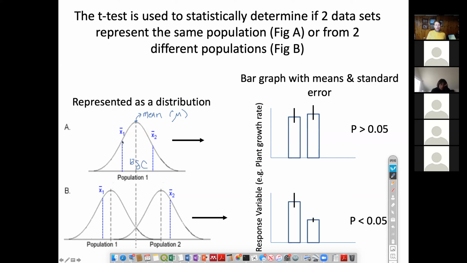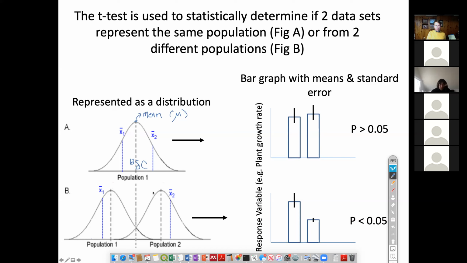So what we're trying to do when we compare two populations is compare the means of those populations and try to decide whether the means are coming from the same population or from different populations.